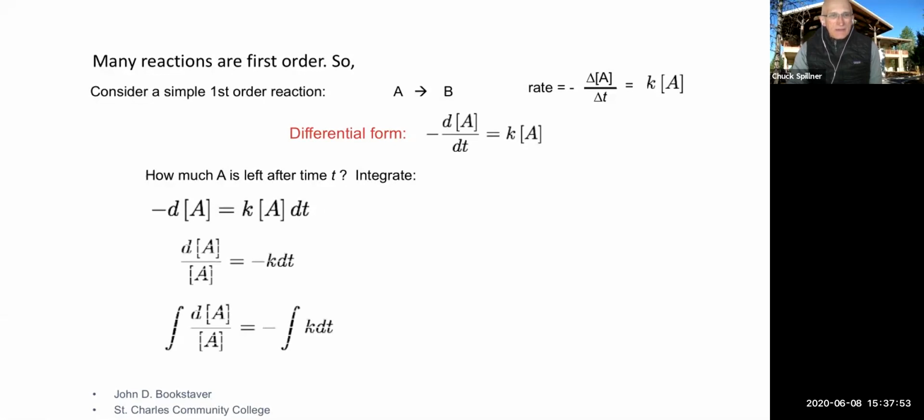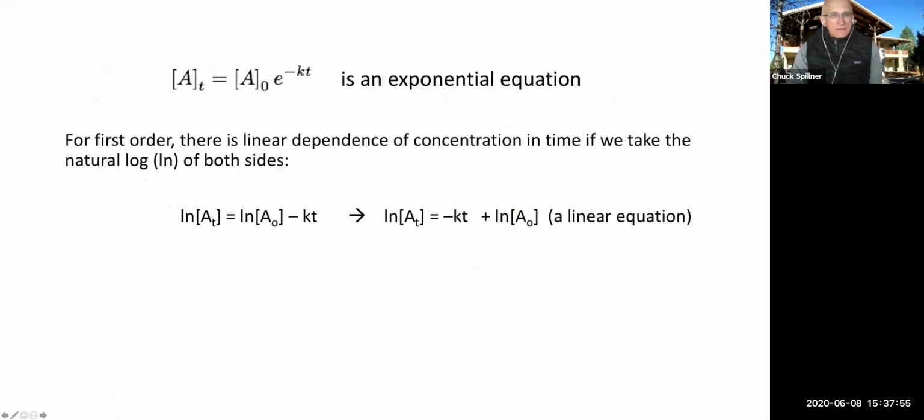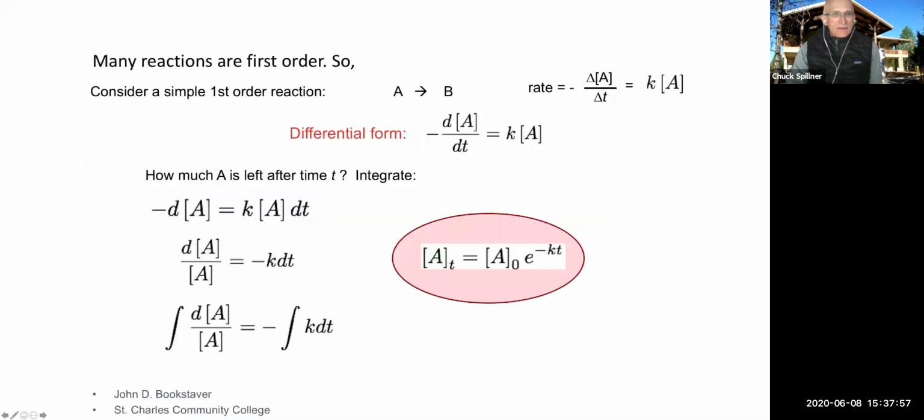So let's integrate it. If we change it into a form that can be integrated, we end up with A at a specific time equals A naught, the initial concentration, times e to the minus kt. So this is an exponential equation, which we'll see how we can use on the next slide.